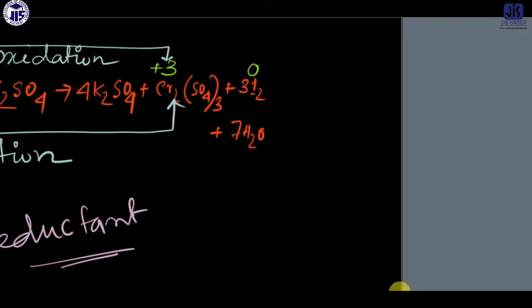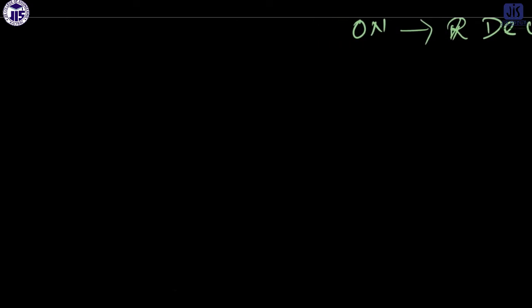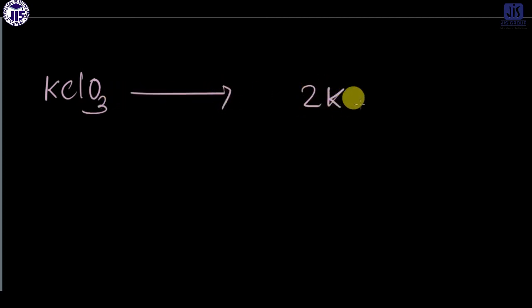So if we take the example of KClO3, then KClO3 is converted to 2KCl plus 3O2.